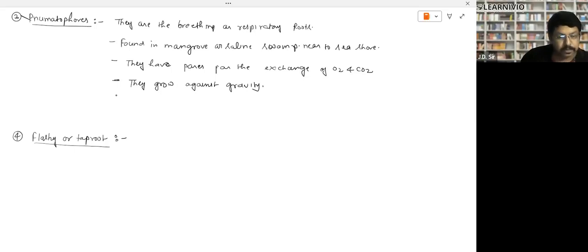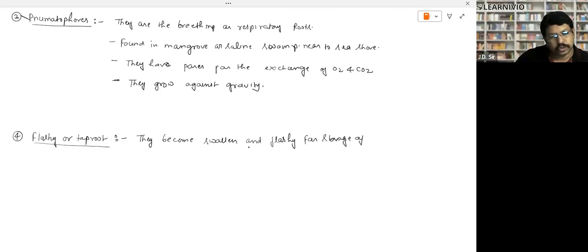The taproot becomes swollen. They become swollen and fleshy for storage of food.